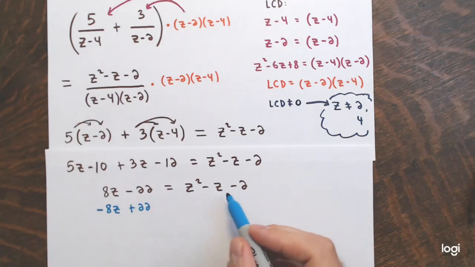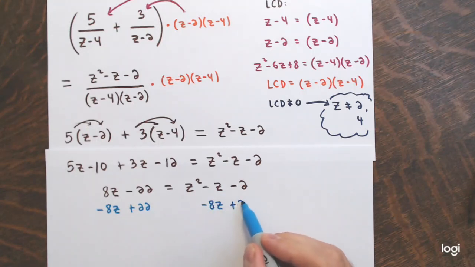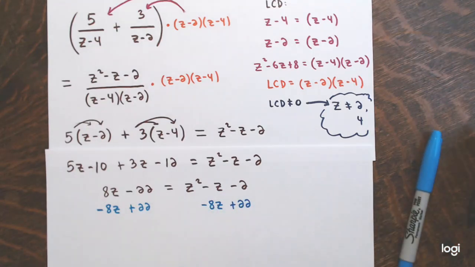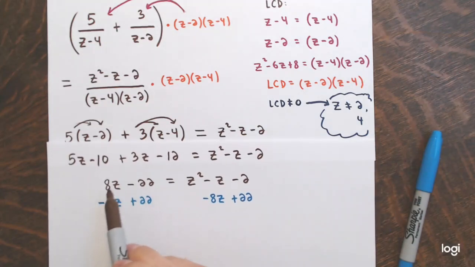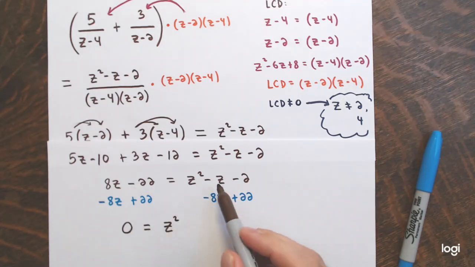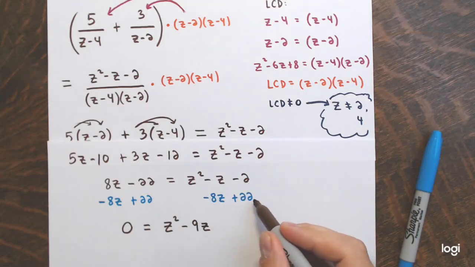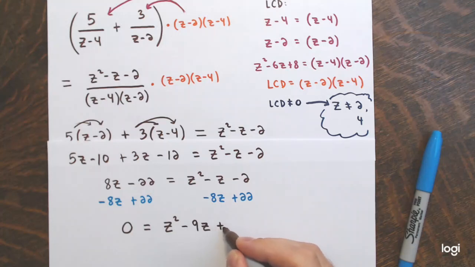So subtract 8z from the right side, and also add 22 to the right side. Combining like terms, I now have 0 on the left equal to z squared. Then negative z and minus 8z makes negative 9z. And then negative 2 plus 22 makes positive 20.